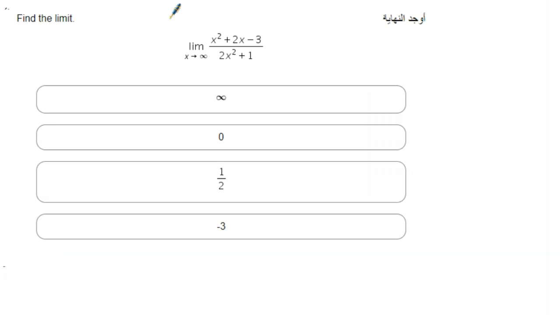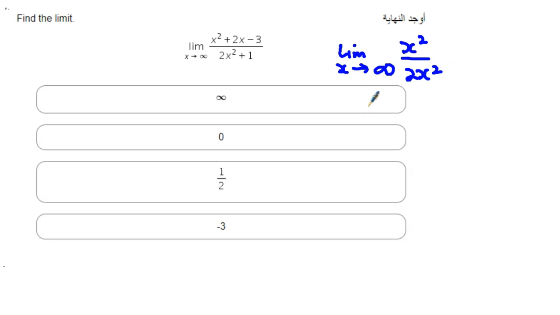Now let's solve it without using a calculator. Anytime a limit is approaching infinity, all that matters is the leading term. So here, the leading term is x squared, and when you come to the numerator, it's going to be 2x squared. So that is what I'm going to look at. So the limit as x approaches infinity, I'm just concentrating on x squared and 2x squared.